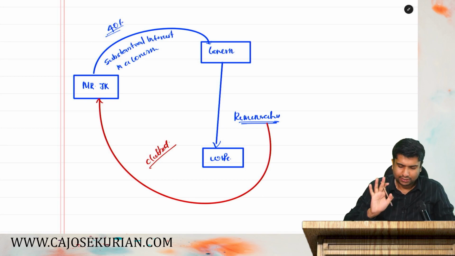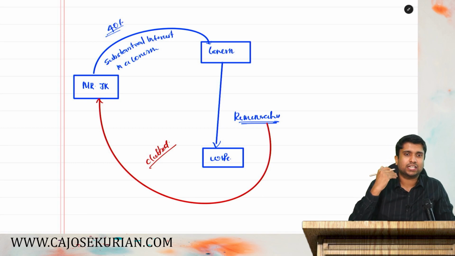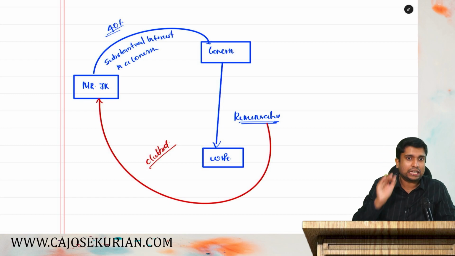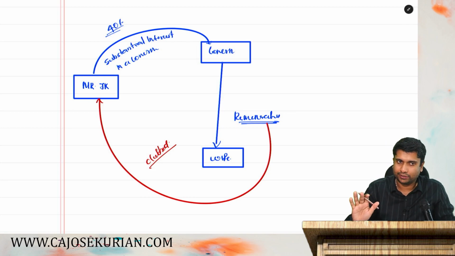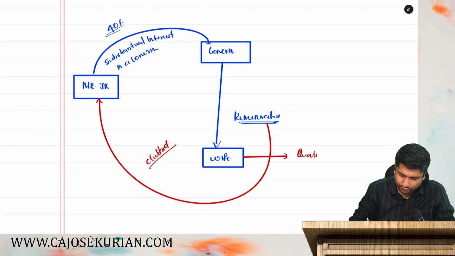Now listen, say for example, my wife is a chartered accountant or a cost accountant. That's why she is receiving a remuneration. She is working for that particular company and she is well qualified and skilled. In such a scenario, clubbing is not required. Are you with me? If my wife is qualified, then no clubbing provision.